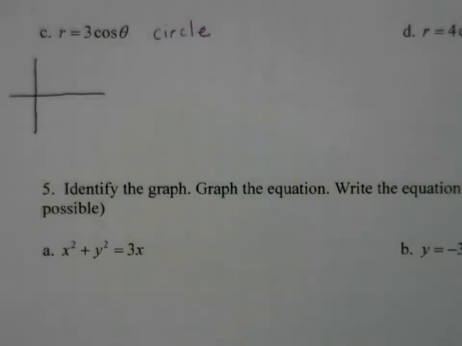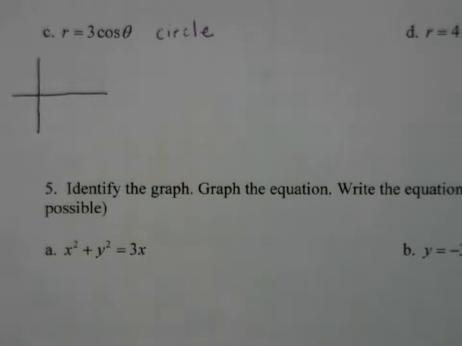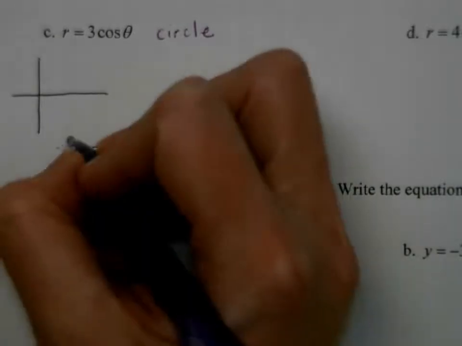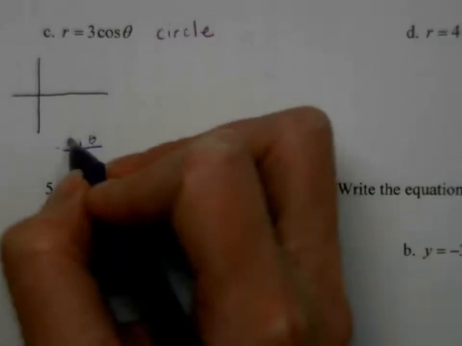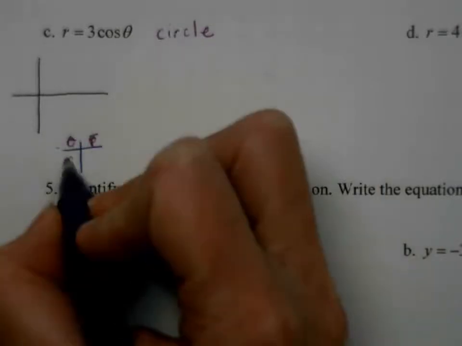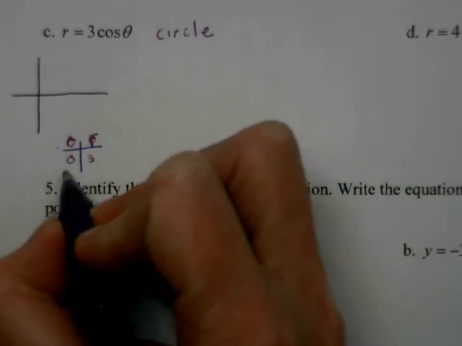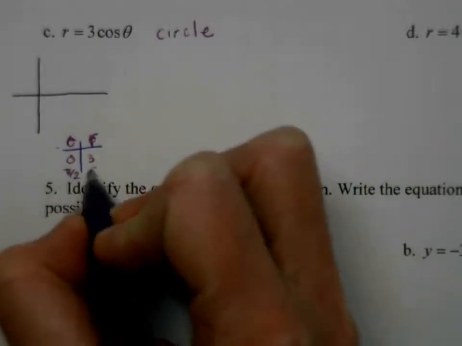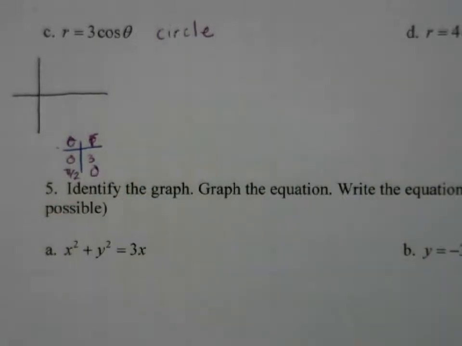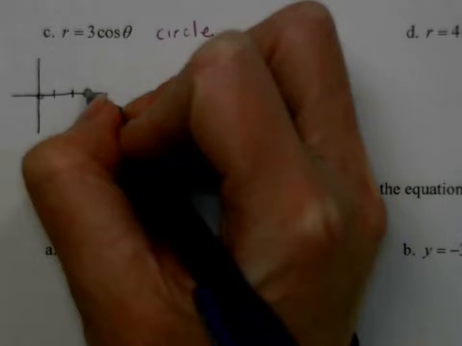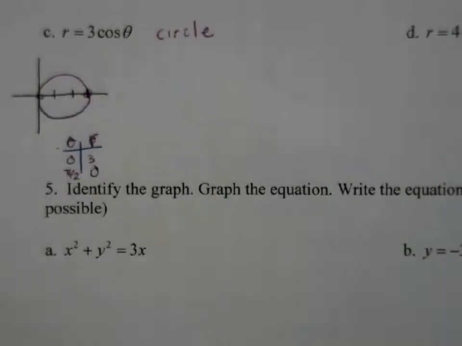Okay, if I make a table of values, if my theta is 0, cosine of 0 is 1, so we'd get 3. If I plugged in pi over 2, we'd get 0. So here, we have a point here, and we have a circle that's symmetric to the x-axis.